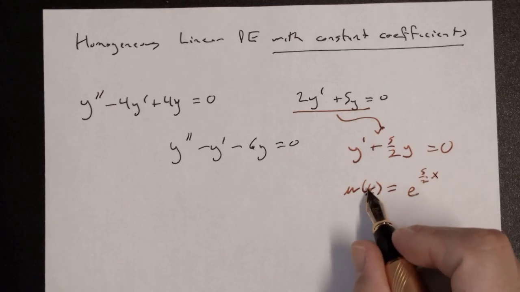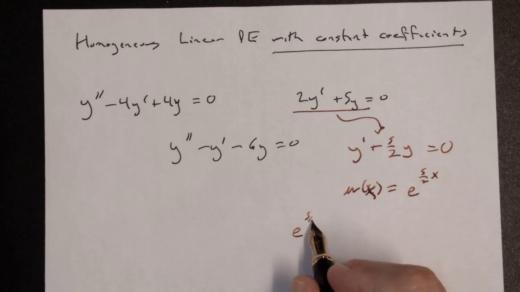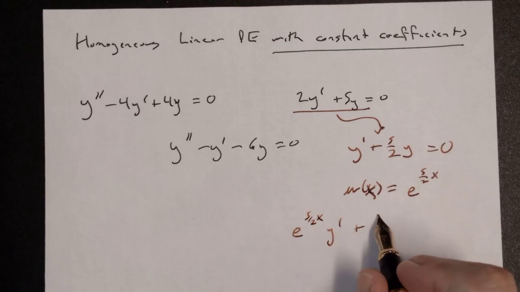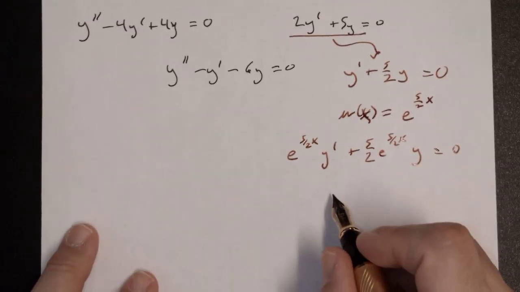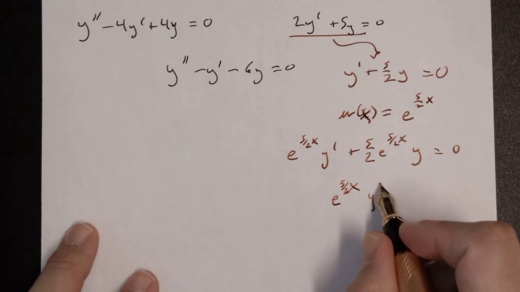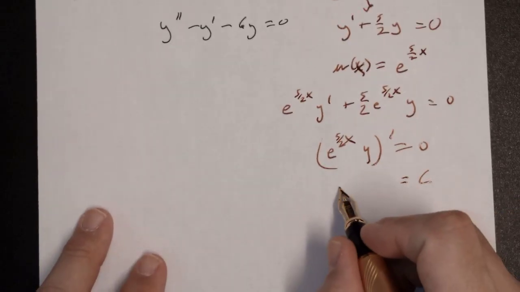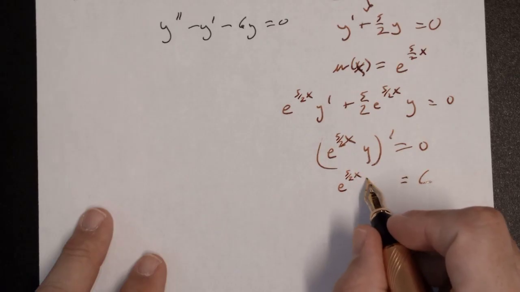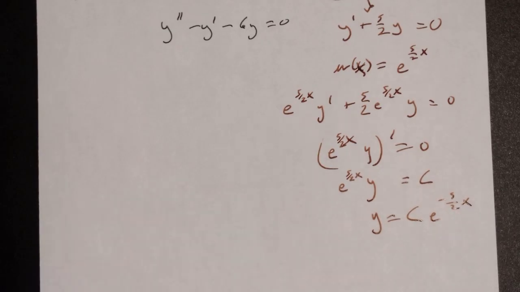So if I wrote x there, now I have e to the 5 halves x y prime plus 5 halves e to the 5 halves x y equals 0. Yeah, this is a product rule. Perfect. I get e to the 5 halves x y quantity prime equals 0. When I integrate, I get a constant over here. So I end up with y being c e to the minus 5 halves x. Perfect. Chef's kiss.